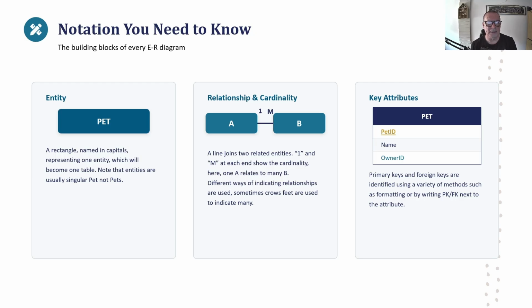The cardinality is either one-to-one, one-to-many, or many-to-many. And then you can also show tables with attributes and indicate whether they are primary keys and foreign keys or not. So in this example, they use color coding, but I prefer to actually write down PK and FK next to the primary keys and foreign keys, just to make it really clear.